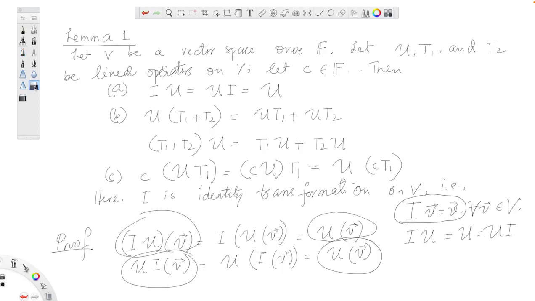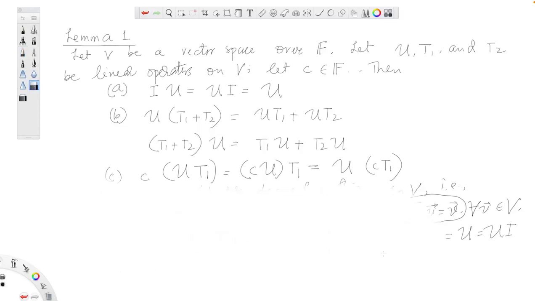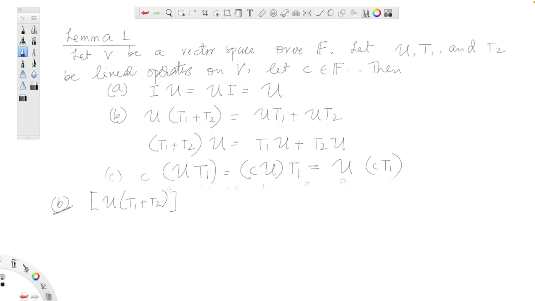Now for part B, we start with U of (T1 plus T2) and let this operator on V act on the vector v.